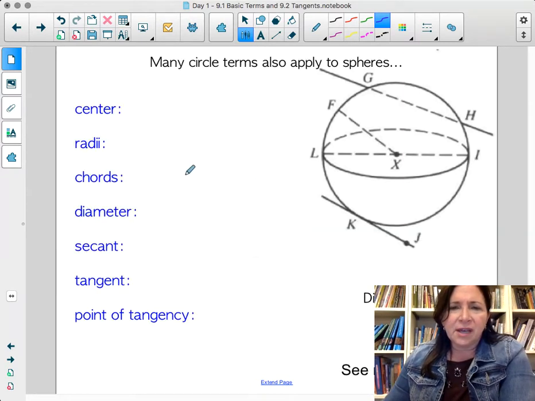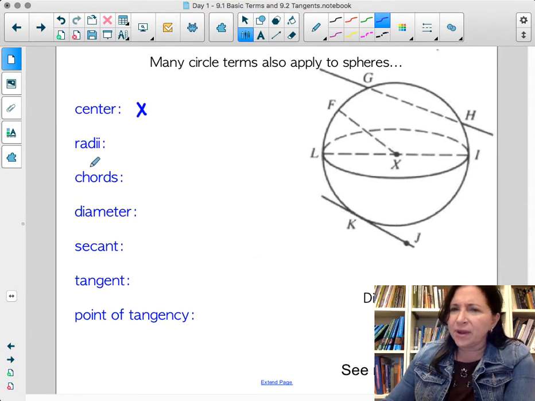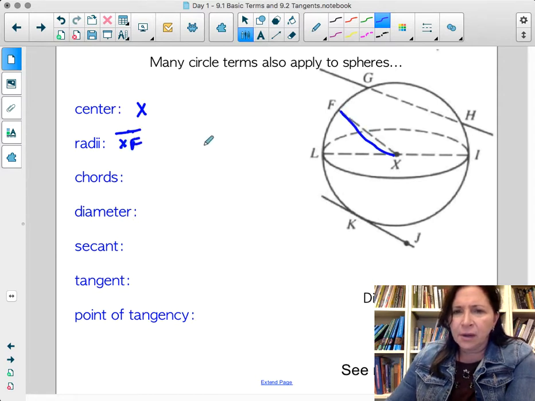So this one says, many circle terms also apply to spheres. So our center is X. Our radii, it looks like we have 3 radii. Usually you start with the center, and we could say XF is a radius, from here to here. We have XF, we have XL from here to here, and then you have XI, from here to here.